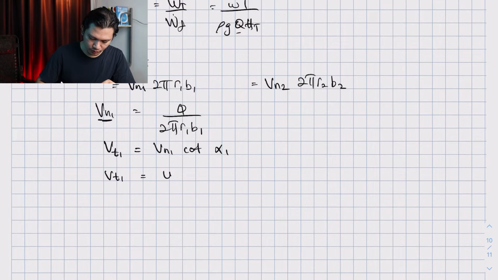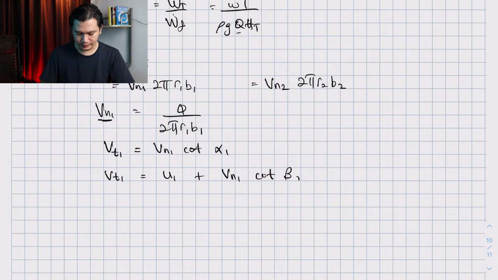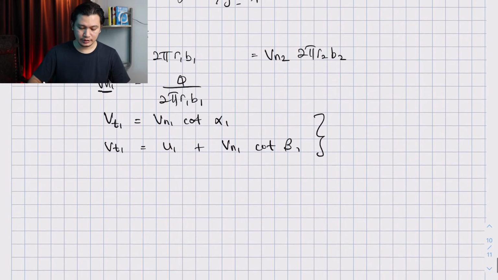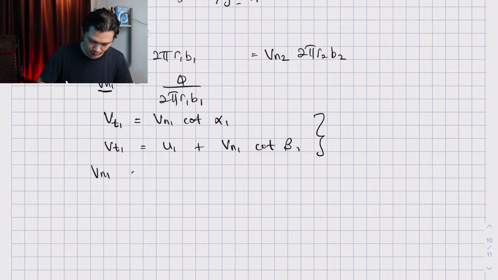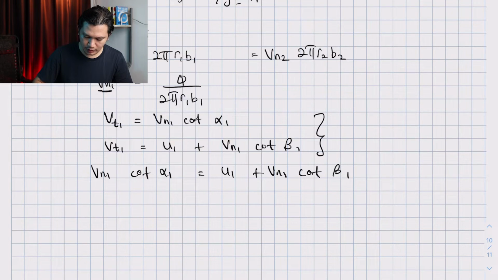Vt1 is also U1 plus Vn1 cotangent beta 1, right? If I combine these two equations, I will have Vn1 cotangent alpha 1 equal to U1 plus Vn1 cotangent beta 1.